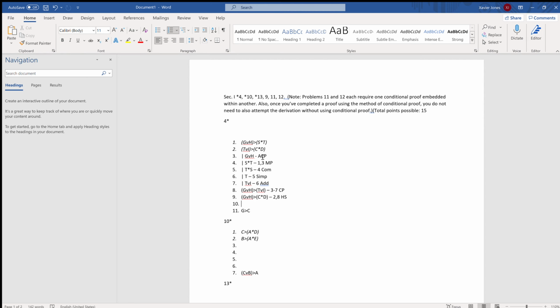No, it's not exportation. I'm stumped. I have no idea how to get from this to this. If I could prove G or H by itself... Obviously with a conditional proof, you have to prove a conditional, and I proved a conditional, and that got us to where we are now.